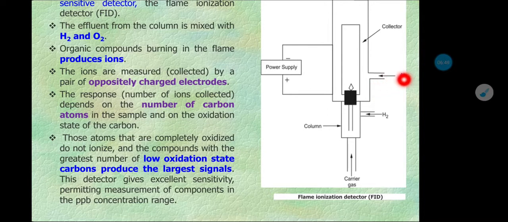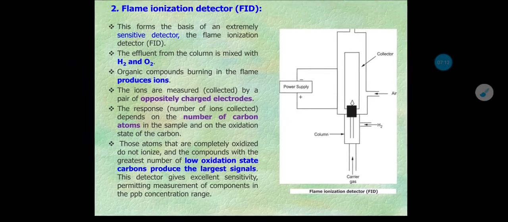Here we have used air or oxygen for burning purposes. Here is the detector, ion collector electrodes. Here the ionization is taking place and the respective ions move to the positive and negative electrodes and produce a current, and this current is proportional to the amount of sample present in the carrier gas. So this is about the FID detector.